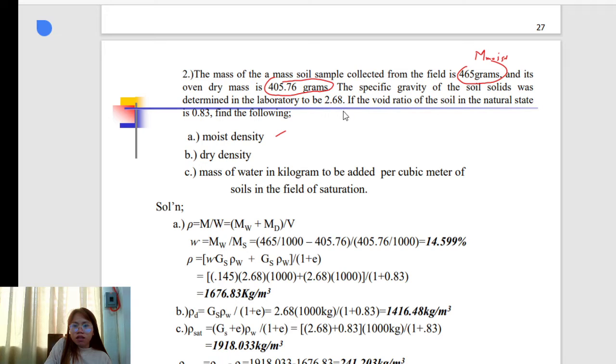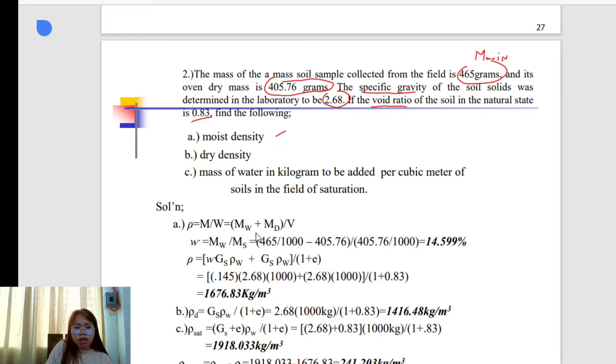And we have this specific gravity, G sub S, is 2.68, and the void ratio e is 0.83. Find these unknown parameters. So first, we compute the moist density of the soil.